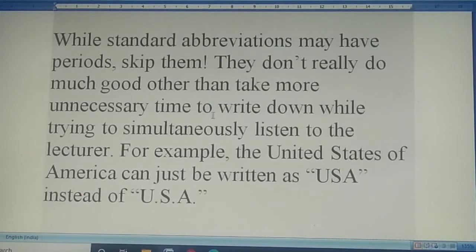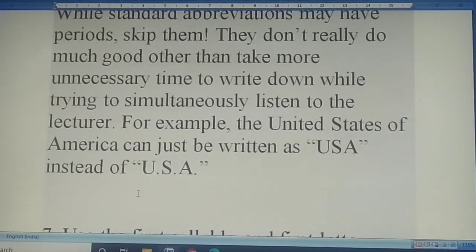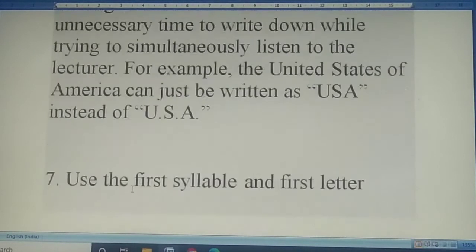They don't really do much good other than take more unnecessary time to write down while trying to simultaneously listen to the lecturer. For example, the United States of America can just be written as USA instead of U.S.A. Yes, that takes time. So if you write USA all in capitals, that is fine.